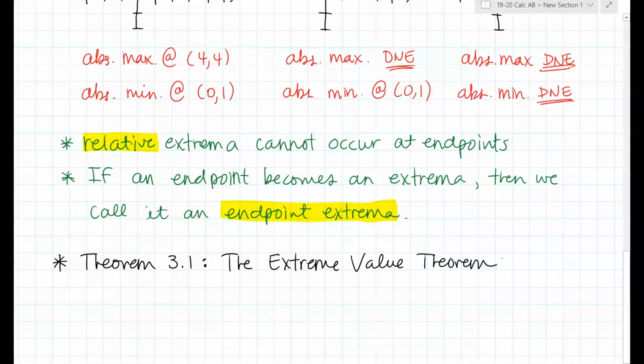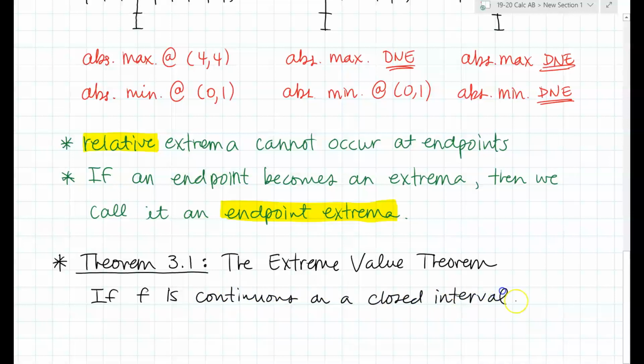Okay, and it says if f is continuous on a closed interval, and that's actually the key to this whole thing. I'll highlight it here for us.